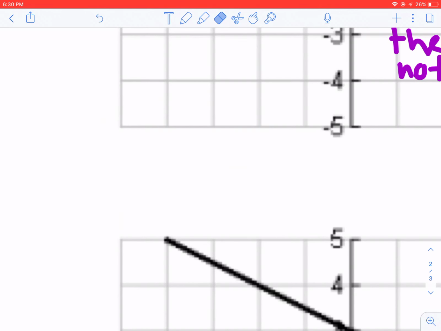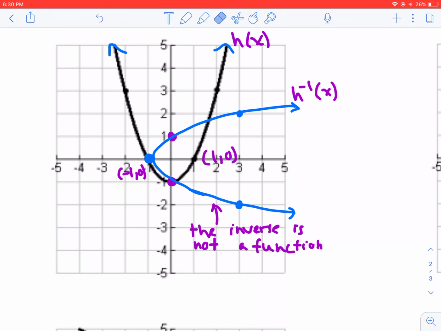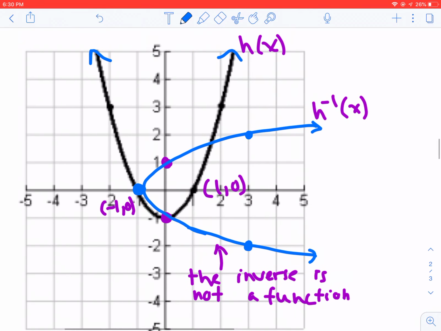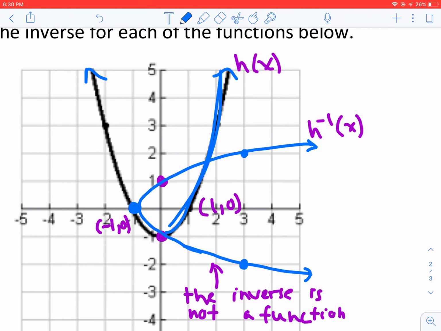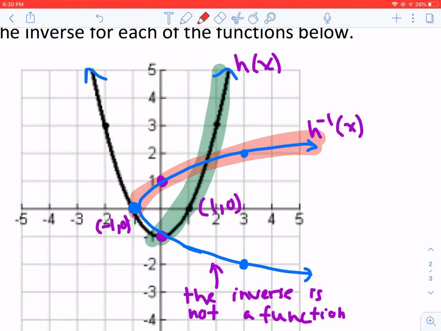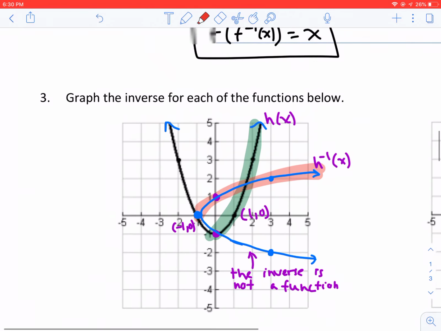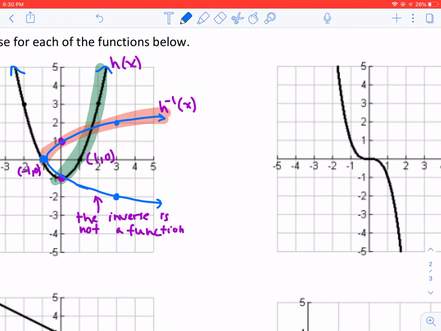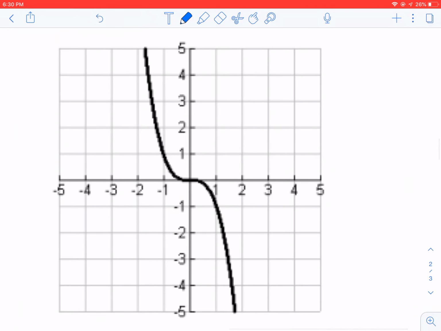So for Algebra 2, we don't really need to worry about this, but this is something you have to go into detail about in pre-calc. Alright, but just know we have to apply domain restrictions. So if I made h of x only for values of x greater than 0, then we would have a properly defined inverse function. It would look like that. Alright, but that's not for this class, so don't worry about it.